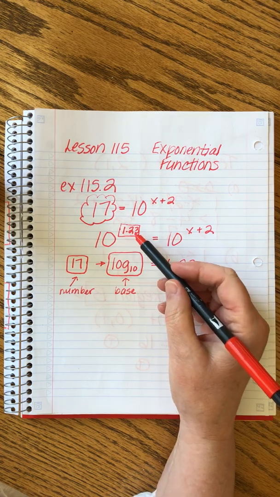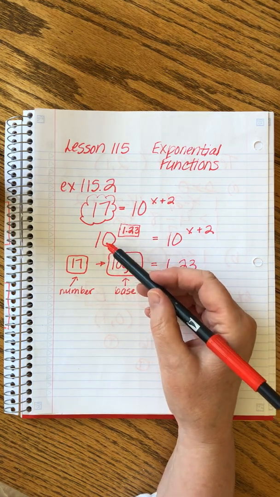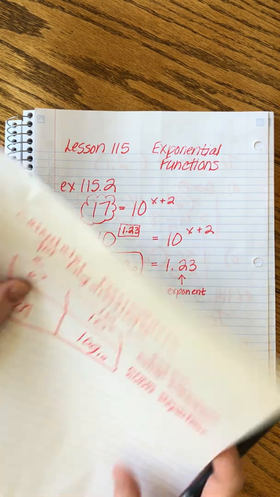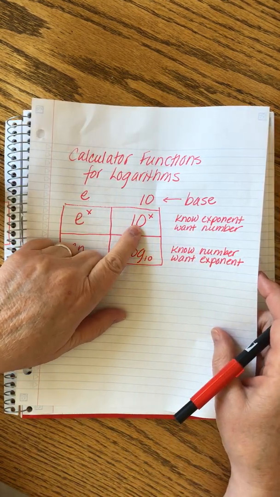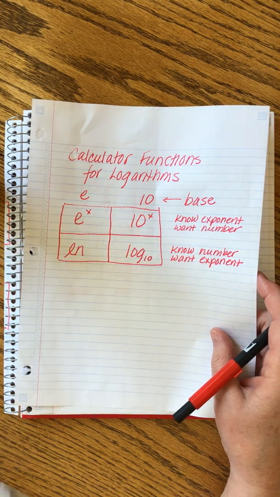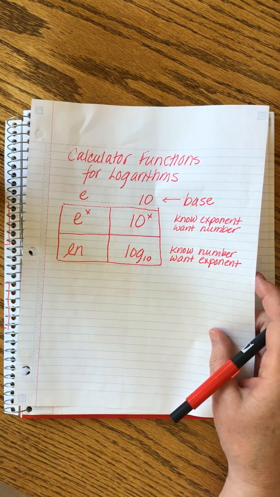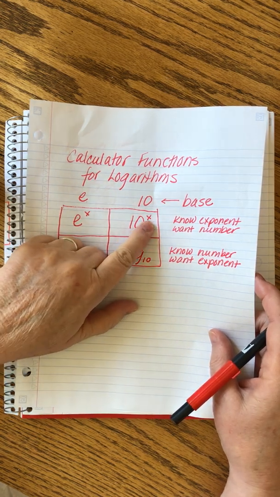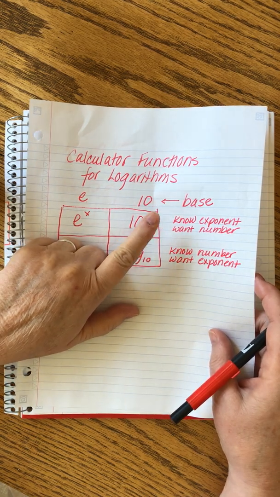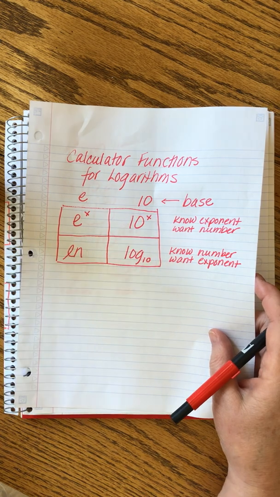You can test this number if you like. Enter 1.23 and then hit 10 to the x, which is this button, right? So enter 1.23, then hit this function key. It will take the last number it gave you and put that in as the exponent, and you should get 17 back again.